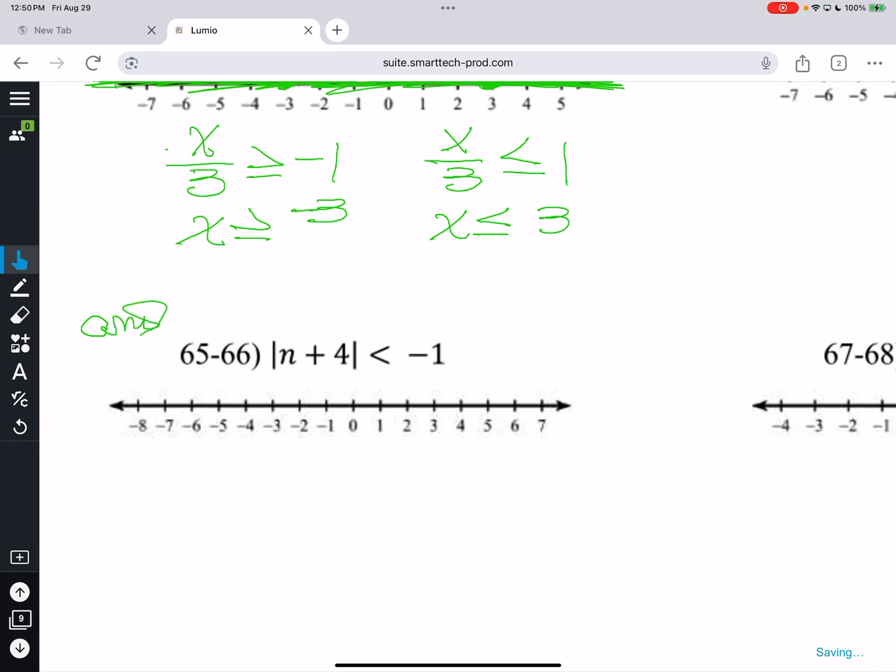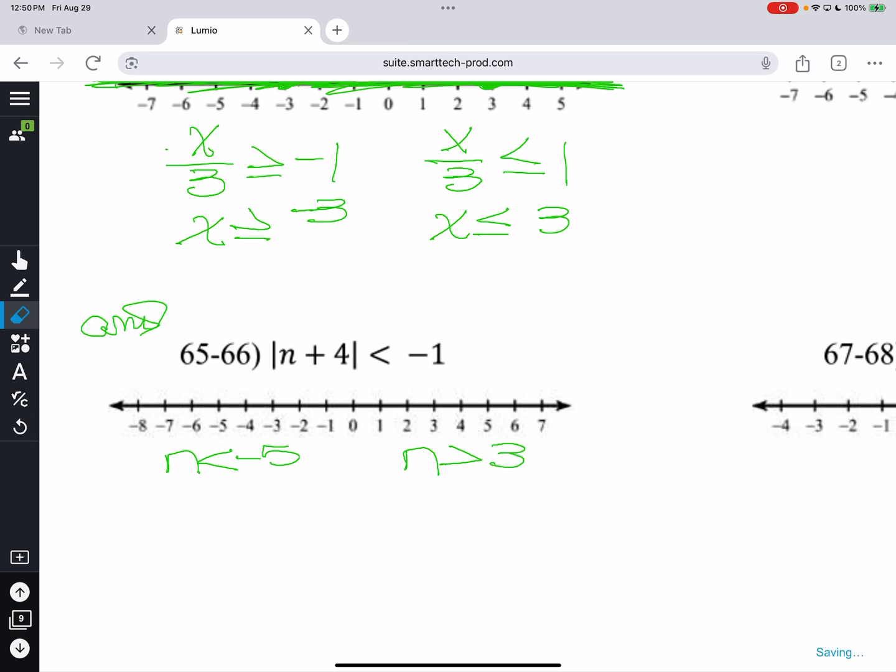Okay, it's that less than. So let's see. Are we isolated? Yes. So n plus 4 is less than, I'm sorry, we've already said that. N is less than what? -5. And then n is greater than 3.